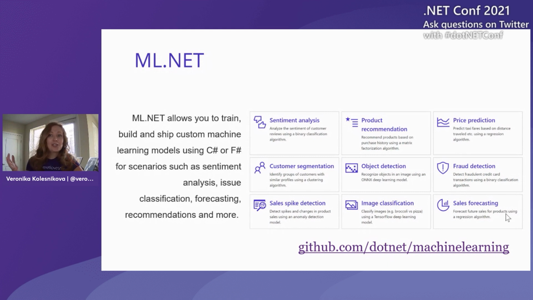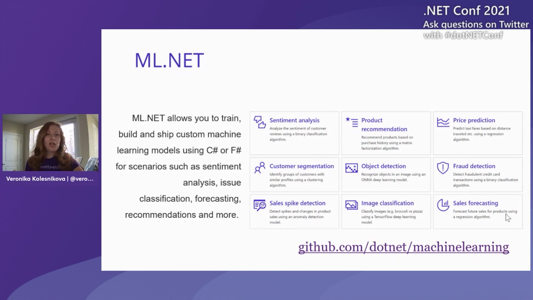And ML.NET offers lots of scenarios such as sentiment analysis, issue classification, forecasting. I show just a couple of them right here. Probably those are the most popular ones, but there are way more scenarios available.